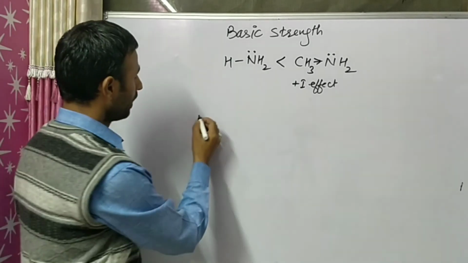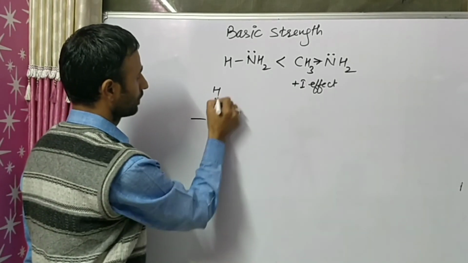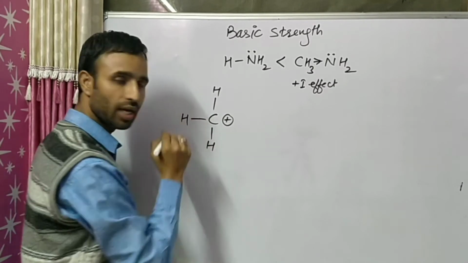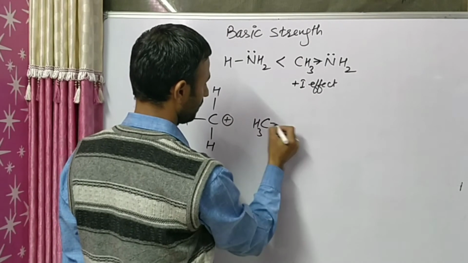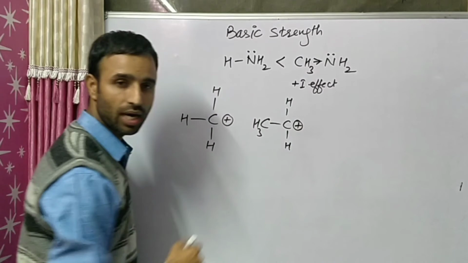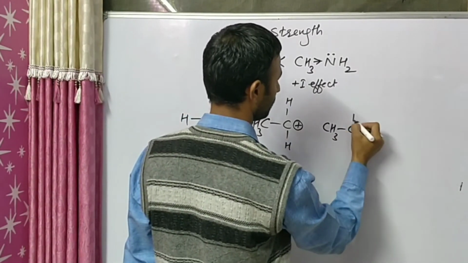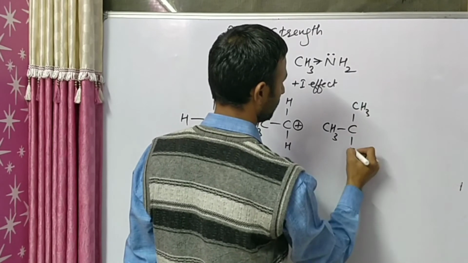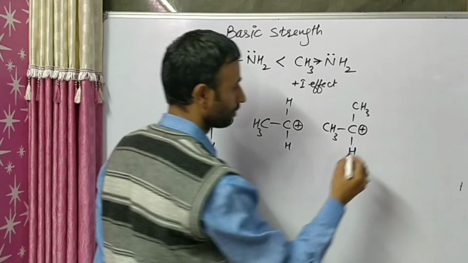Okay. Now stability of carbocations. This is methyl carbocation. This is ethyl carbocation. Isopropyl carbocation.